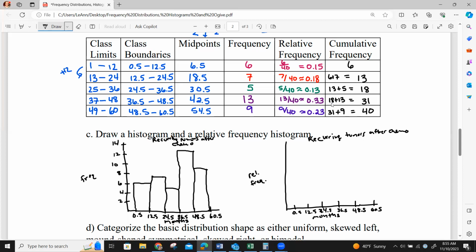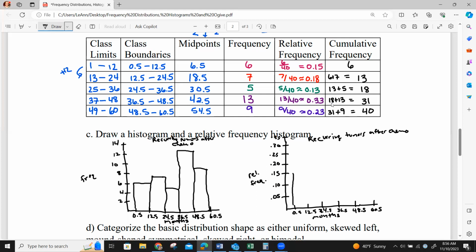So maybe I want to count by 0.05. So 0.05, 0.10, 0.15, 0.20, 0.25, 0.30, and then 0.35.